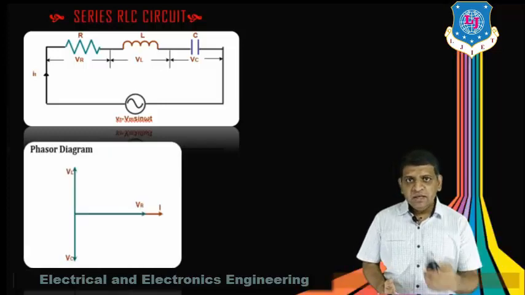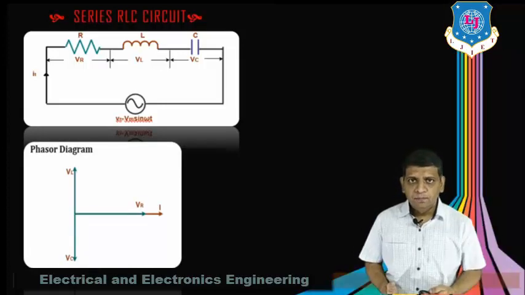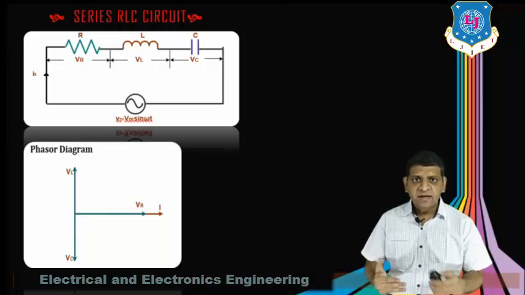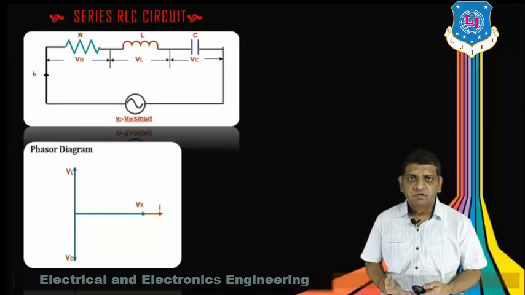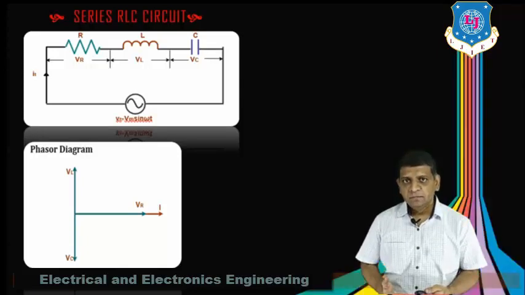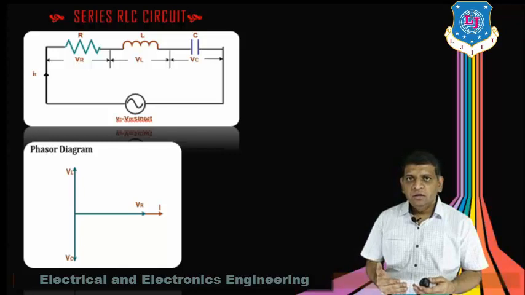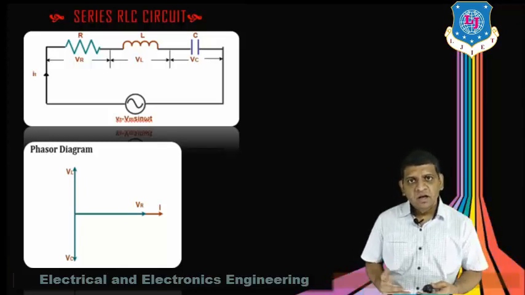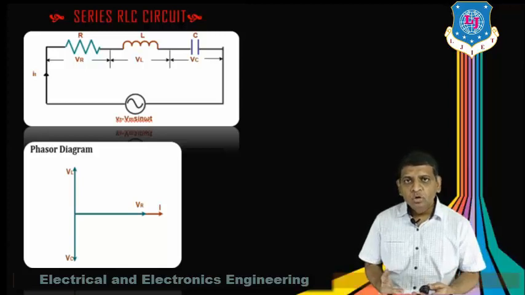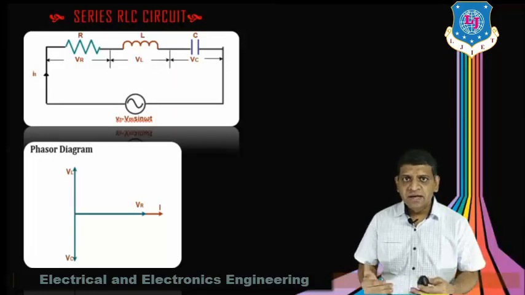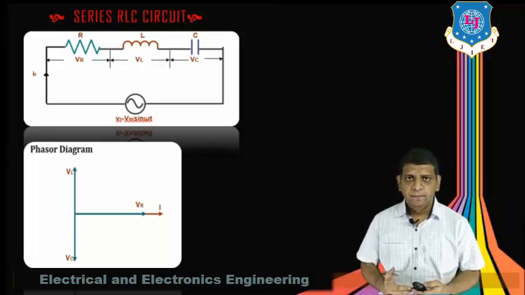You can see in this phasor diagram that the x-axis is the current vector. Since in a purely resistive circuit the phase difference between VR and current is zero, both are in the same phase. So I have taken the vector VR in the same position as the vector current I.